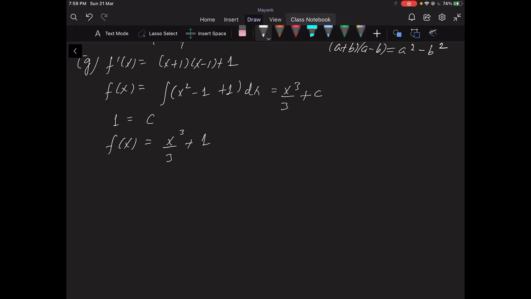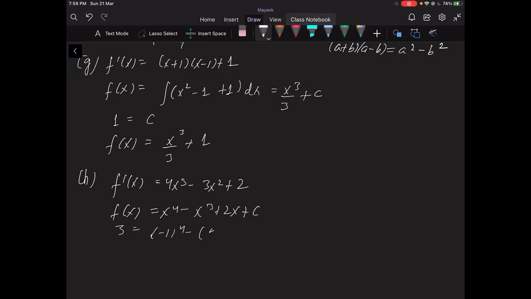So I'm getting C equal to 3 for this. Let's see. Yeah, that's correct.